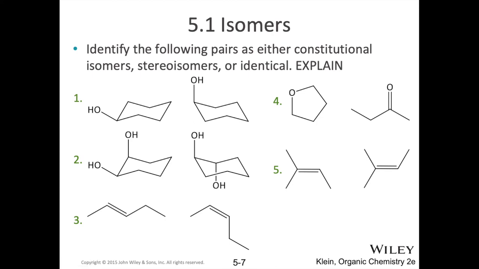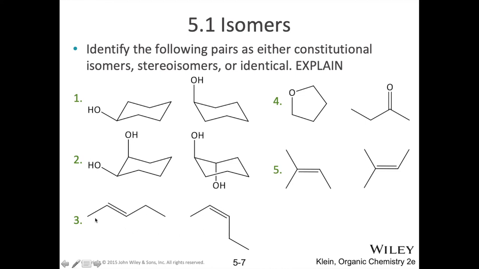If we had drawn this as a flat bond line diagram, these 2 groups over here on the right are trans. One's pointing up, one's pointing down, whereas here both groups are pointing upwards. So they're cis. Don't worry, we'll go into what it means to be cis and trans in a little bit.